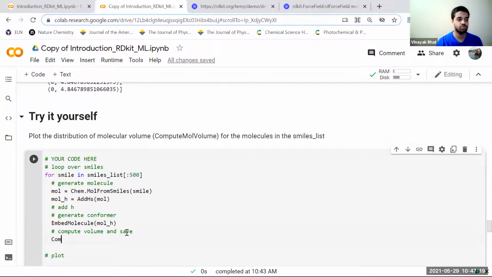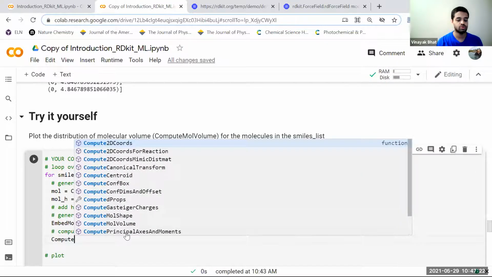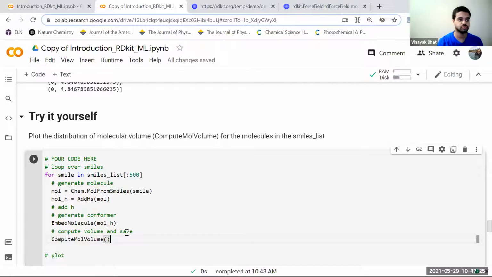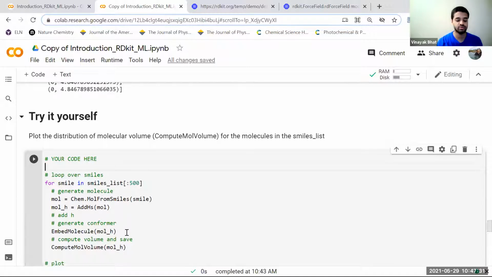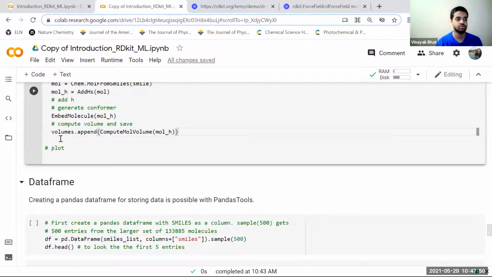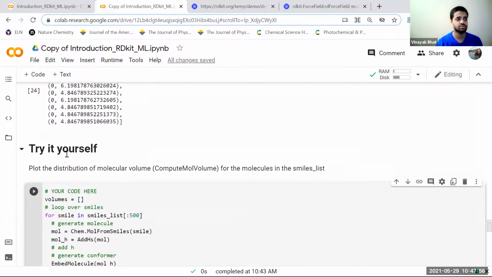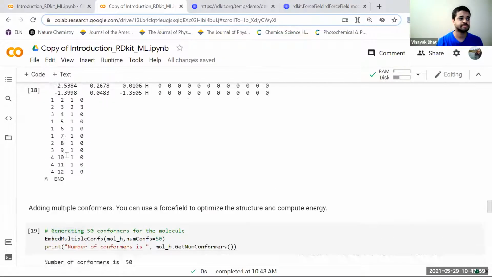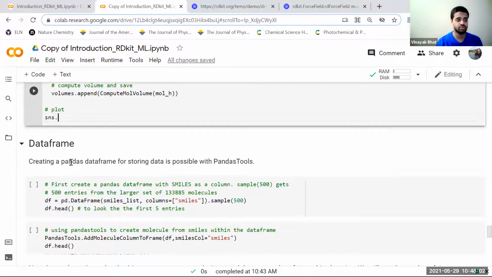Computing volume will be compute mole volume of mole H. You want to create a list here, volumes is this, and just try appending to it, and then you can just plot it. I personally like to use Seaborn for plotting because it's easier.